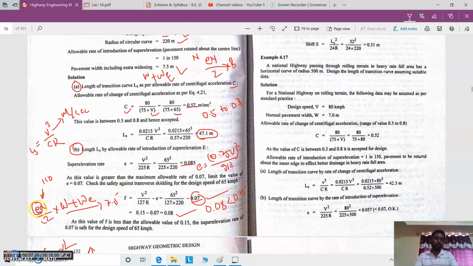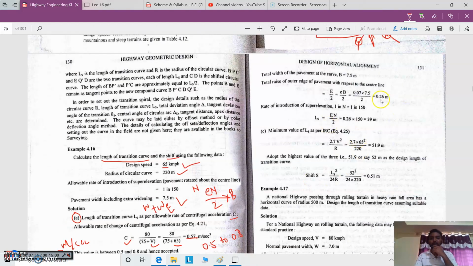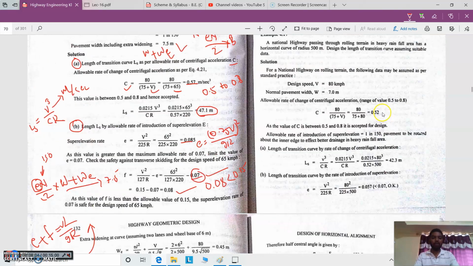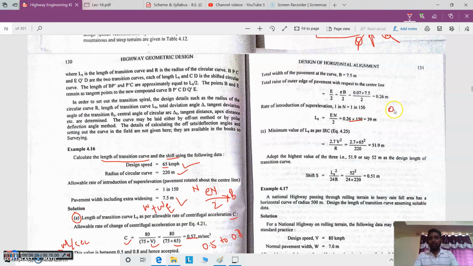So substitute 0.07 here. 0.07 into 150 divided by 2 into 7.5. Just we are considering here 0.07 into 150 by 2 multiplying with 7.5.